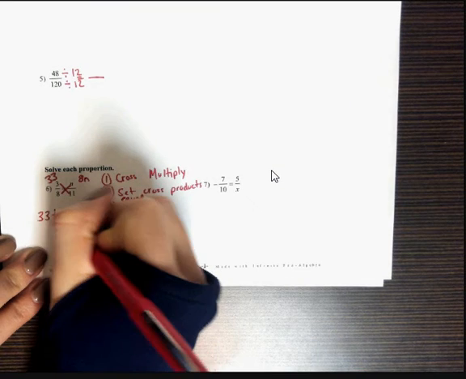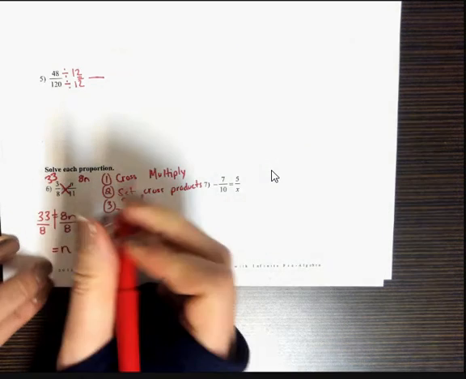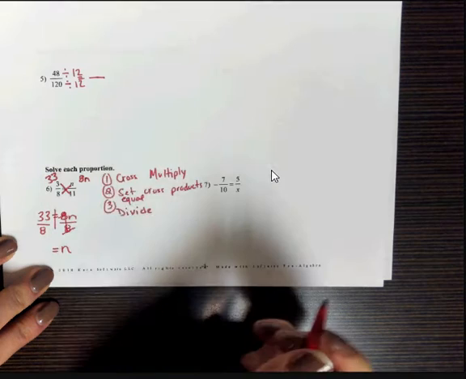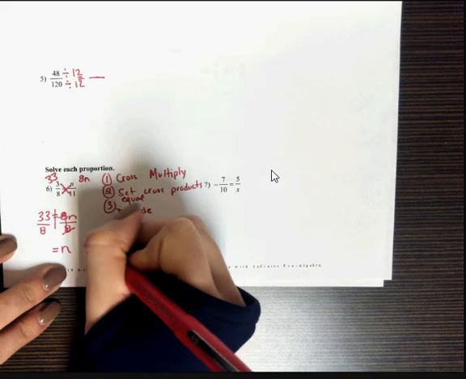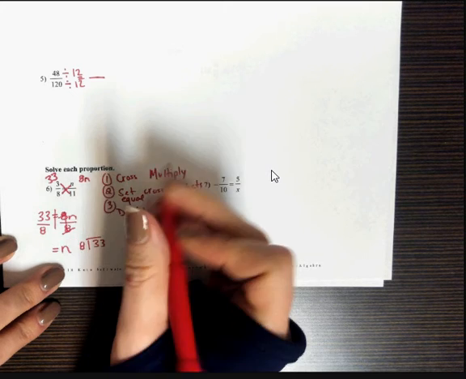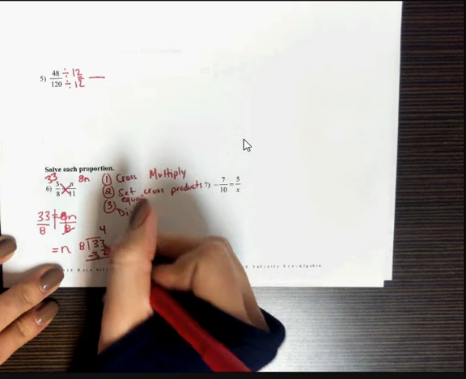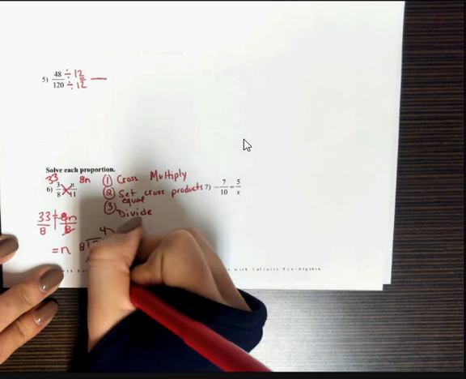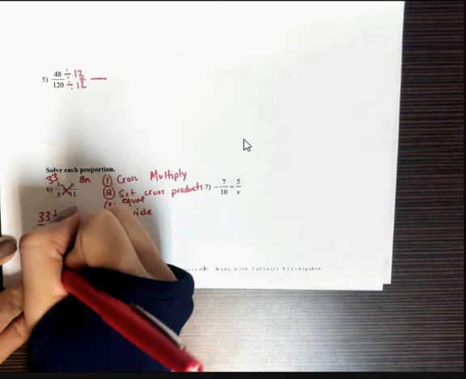And then I'm just going to divide. 8 divided by 8 becomes 1, so I'm left with n like I wanted, and then I just do 33 divided by 8. 8 goes into 33 4 times. And then n equals 4 and 1/8.